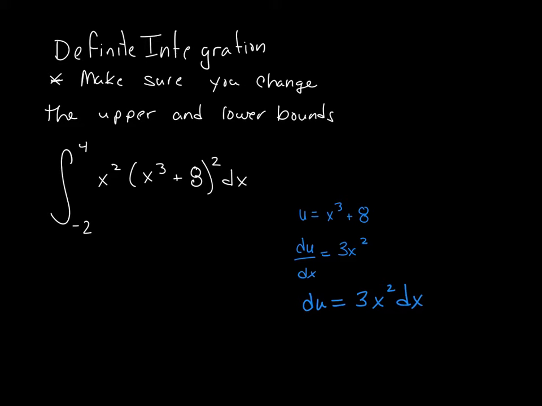So we don't have any variables that we need to solve for here. We have that x squared piece of it, but we do know that dx is equal to du over 3x squared.